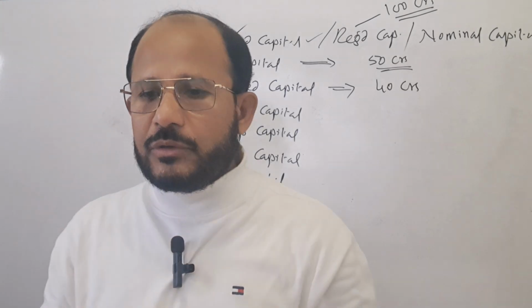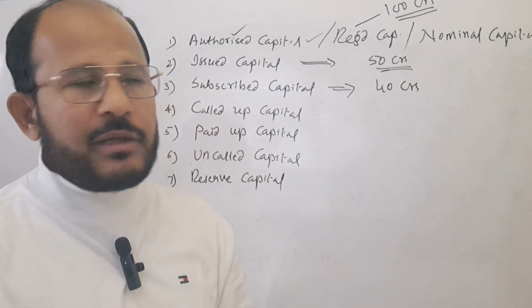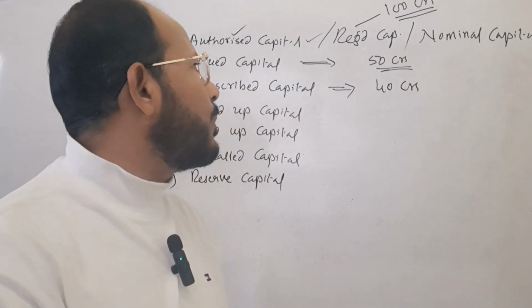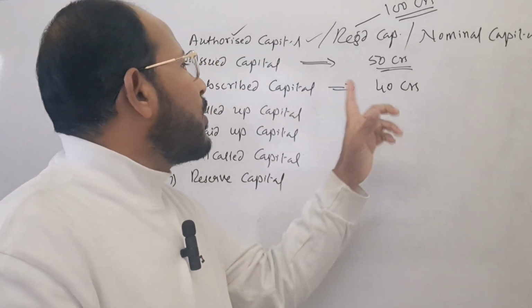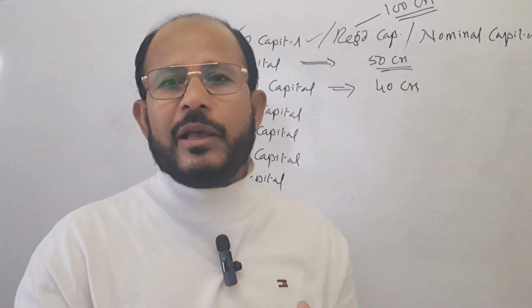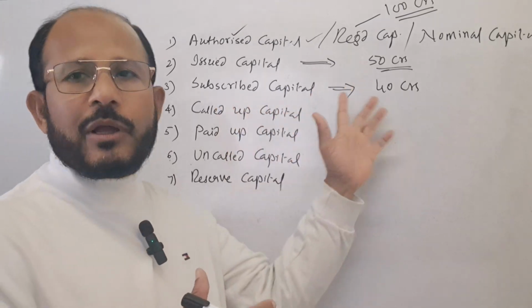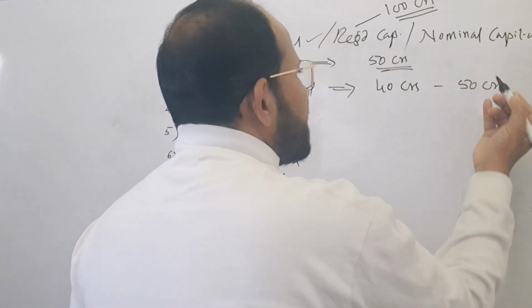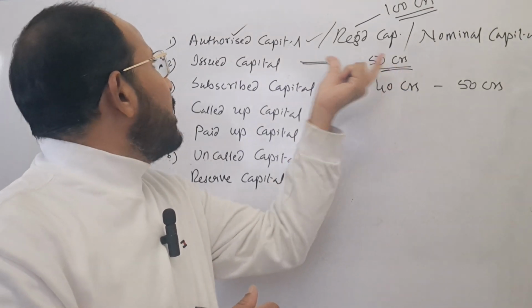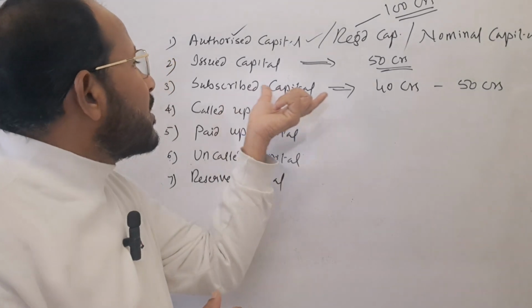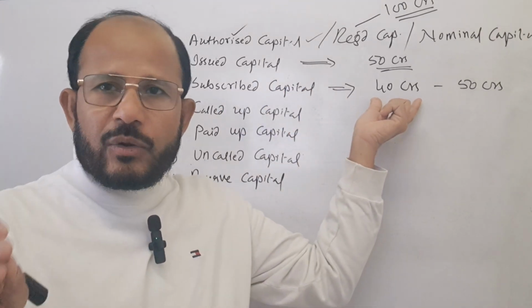Whatever we want to sell, we can't say that everything will be purchased by the public. It is the interest of the public to purchase. Therefore, here 40 crores is the amount of shares purchased by the public. This is called subscribed capital. Sometimes it may be 50 crores. 50 crores is the issued capital, and here the shareholders are subscribing only for 40 crores.